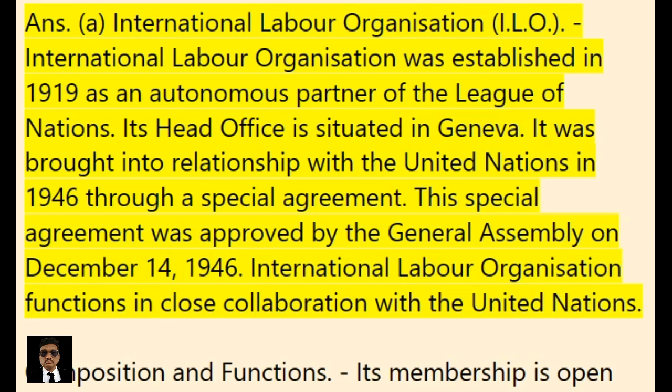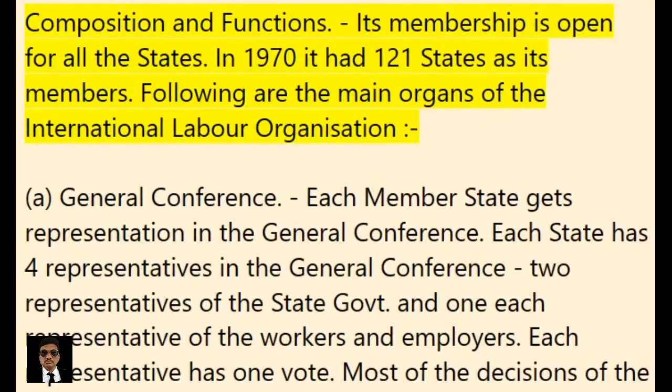International Labour Organization functions in close collaboration with the United Nations. Composition and functions. Its membership is open for all the states. In 1970 it had 121 states as its members. Following are the main organs of the International Labour Organization.